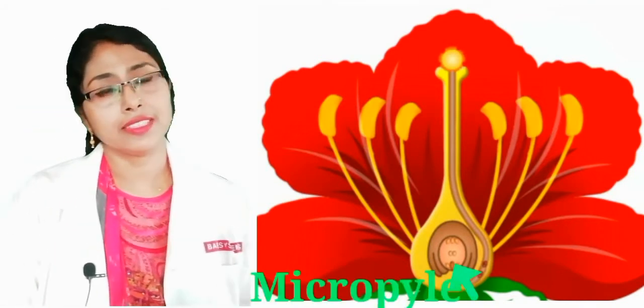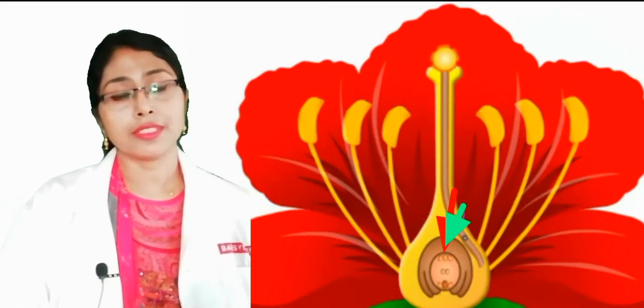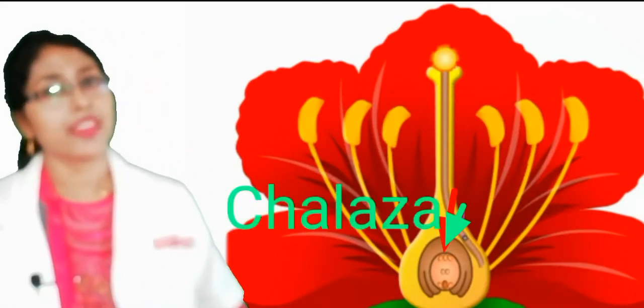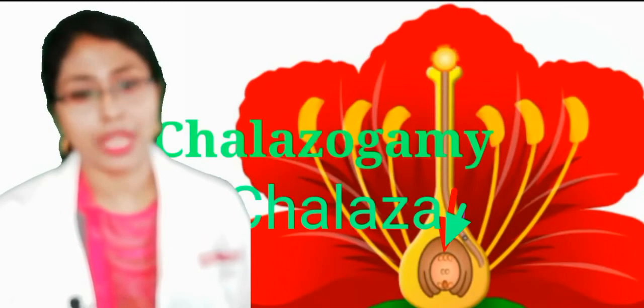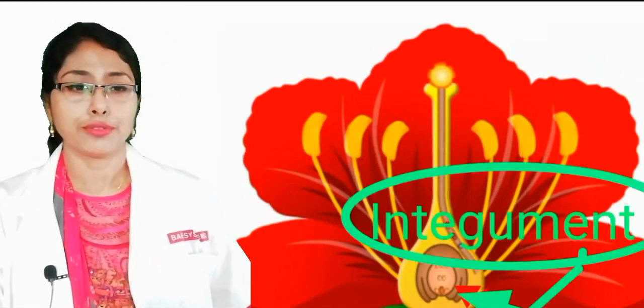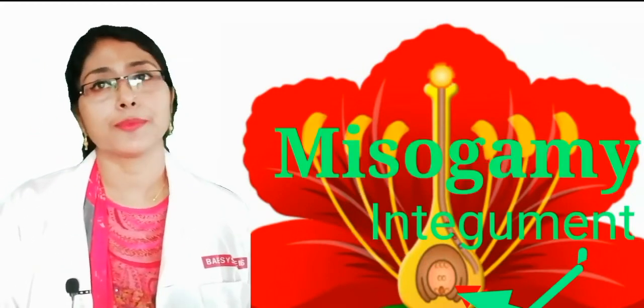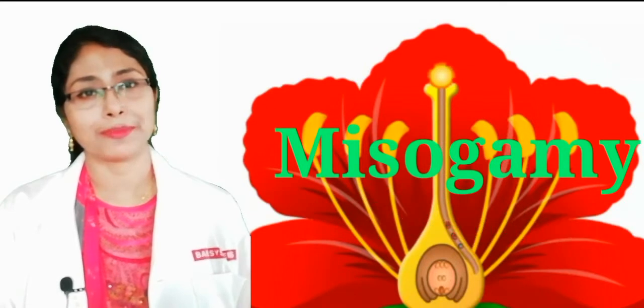If the pollen tube enters the embryo sac through the micropyle, this process is called porogamy. If it enters through the chalaza, it is called chalazogamy. And if it enters through the integument, it is called mesogamy.